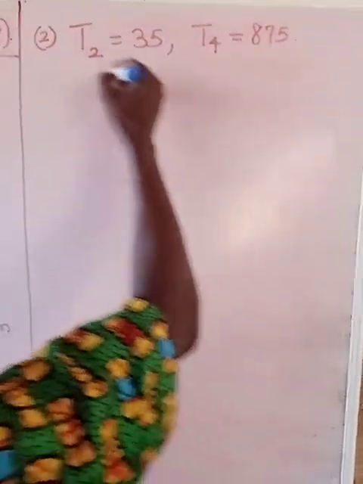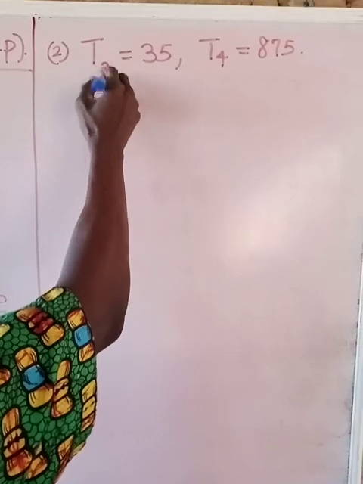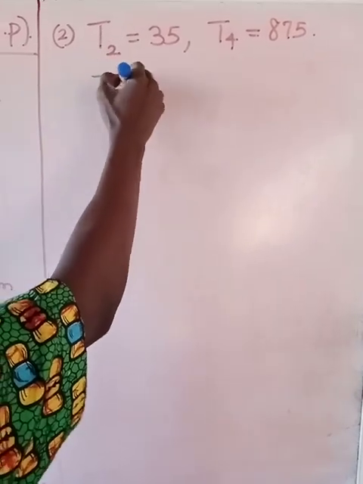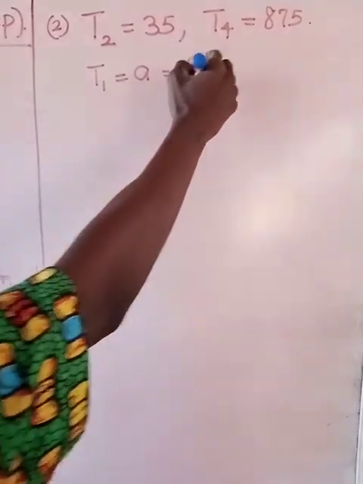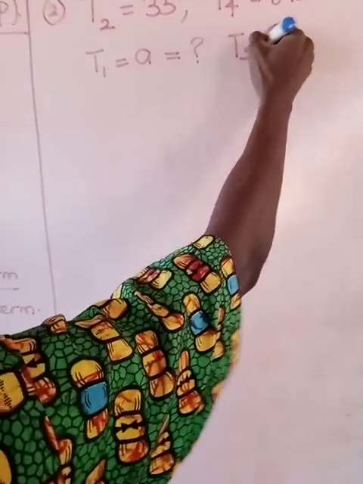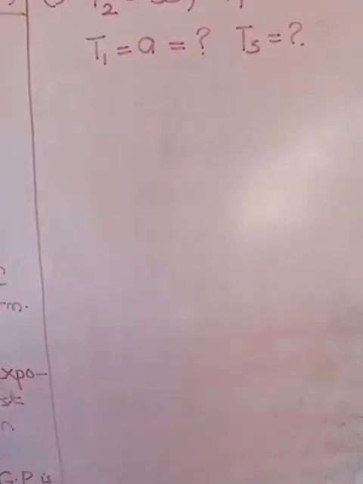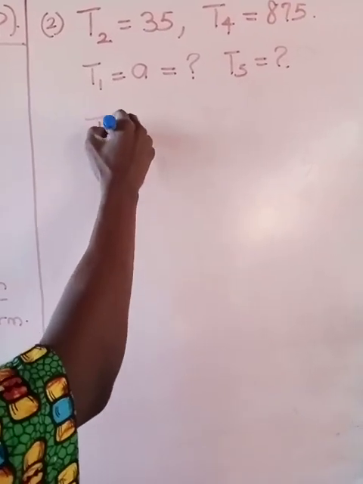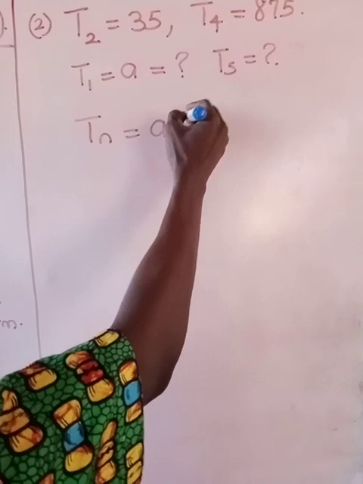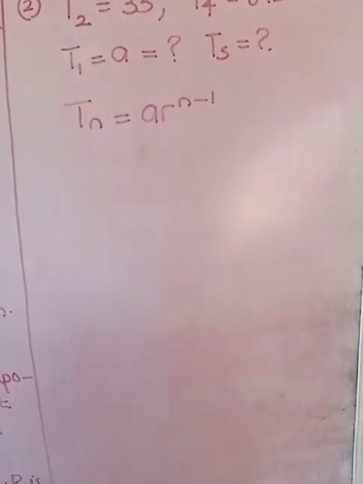We have to find the first term, A, and then the fifth term, T5. So we don't know these two. You remember that Tn is AR raised to power n minus 1.